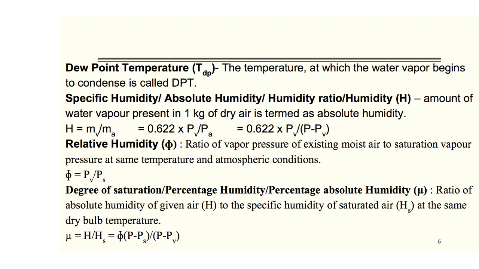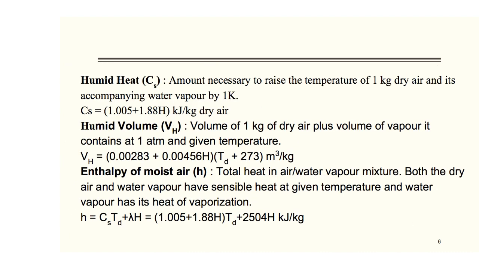And what is the formula of H? H is 0.622 into PV divided by P minus PV. For saturated air, HS would be equal to 0.622 PS divided by P minus PS. So here we can find the relationship between degree of saturation and relative humidity.